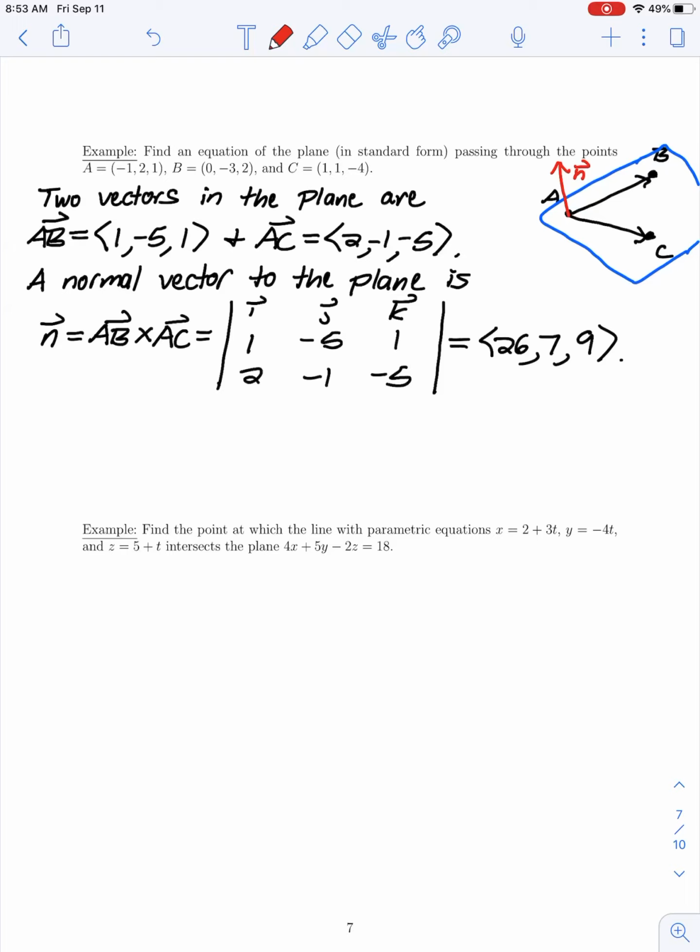Now I can use any of the points A, B, or C in the plane to substitute into my equation.